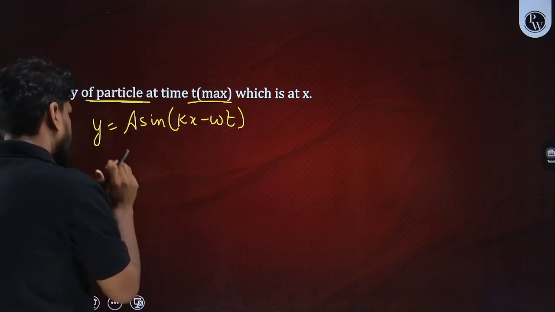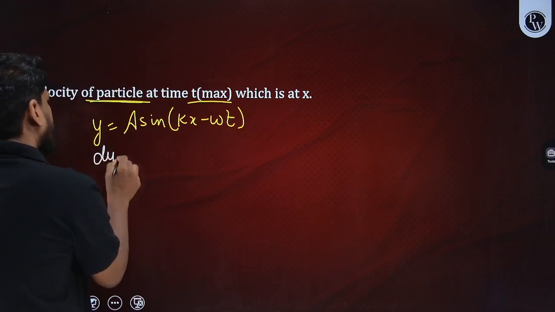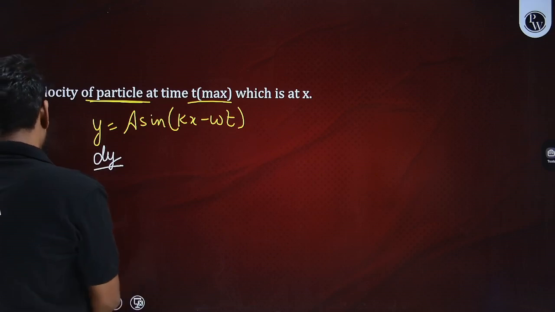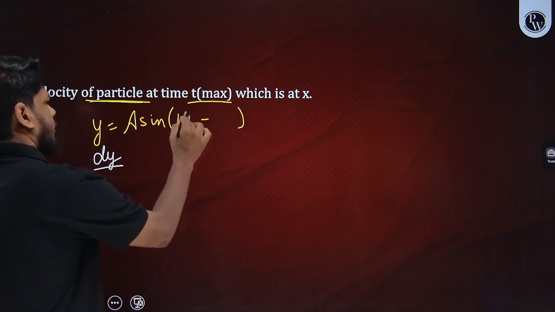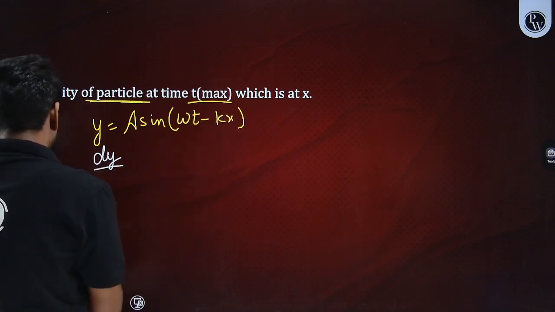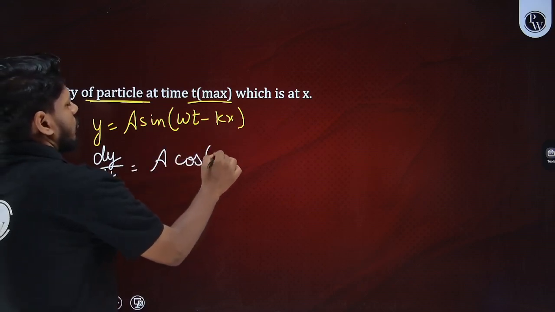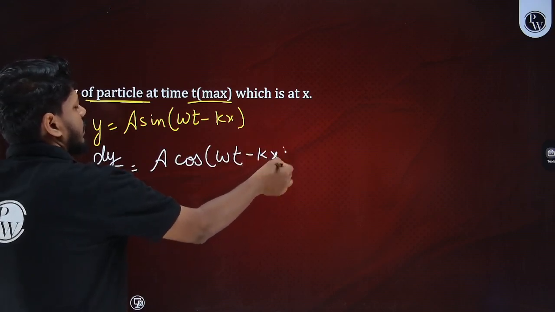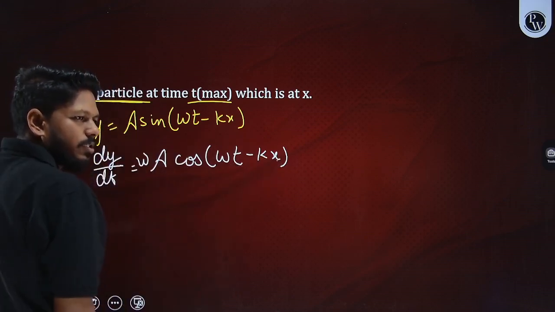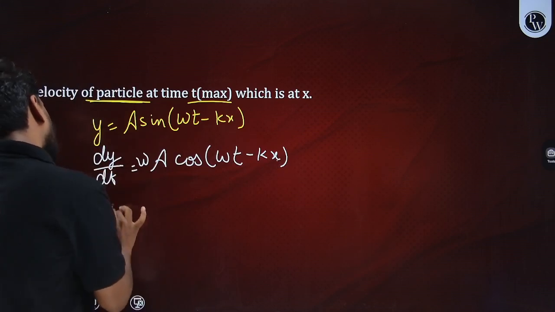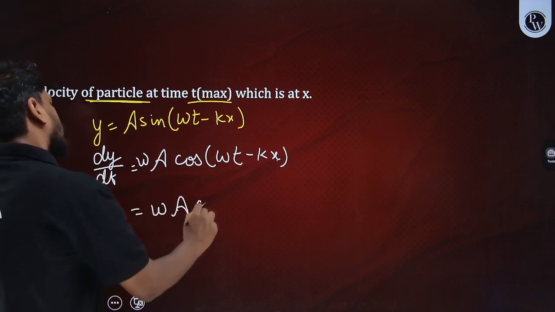So dy by dt, let me write omega t minus kx, is equal to a cos of omega t minus kx. If I differentiate this term, I will be getting an omega. Okay, x is constant, k is constant. This is my velocity of particle, omega a cos omega t.